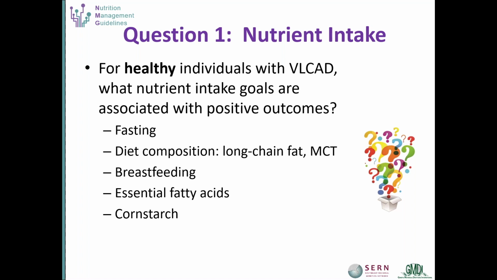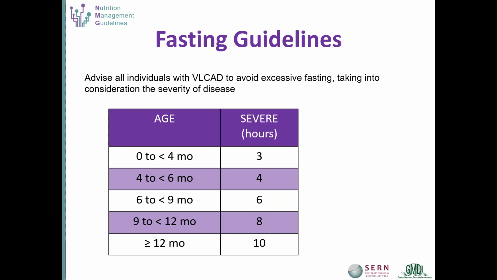This addressed the healthy individual, and we looked at fasting, diet composition, breastfeeding, essential fatty acids, and cornstarch. These are the fasting guidelines that we developed. And again, it depends on the phenotype, how long we are allowing individuals to fast.